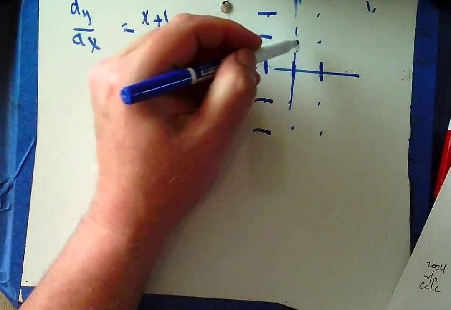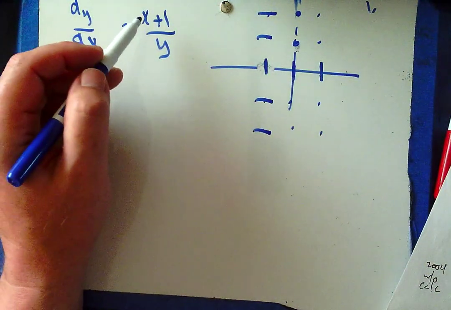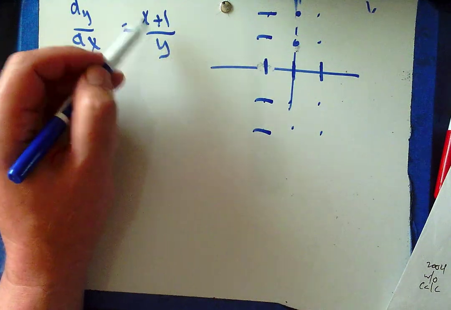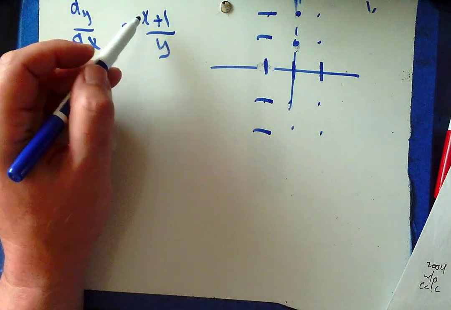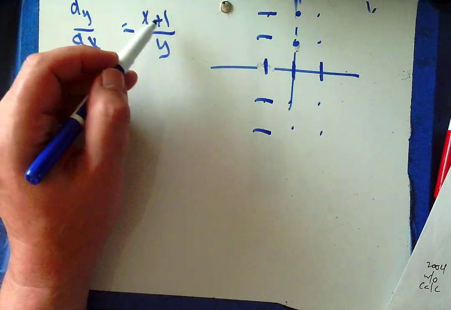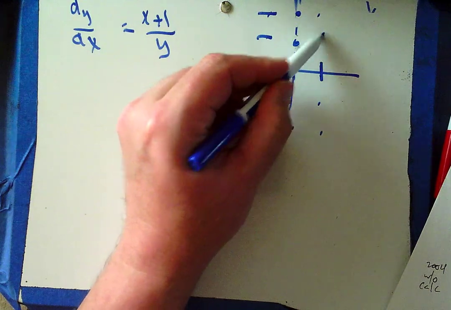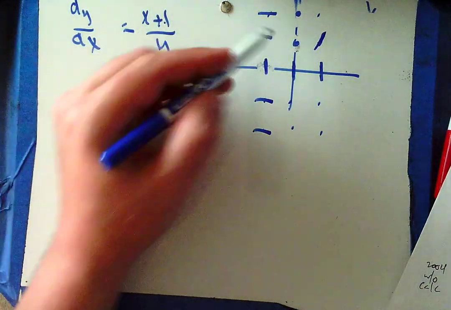Okay, so let's find these 4 and these 4. If I make y equal to 1, that's just whatever I get here divided by 1. So I've got 1 plus 1 is 2 over 1 is 2. And here I have 0 plus 1, 1 over 1 is 1.